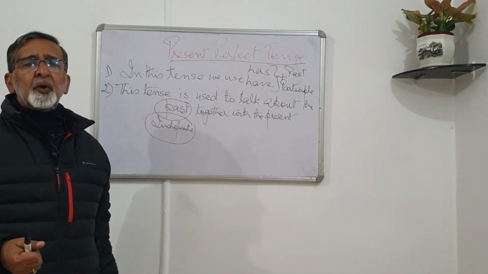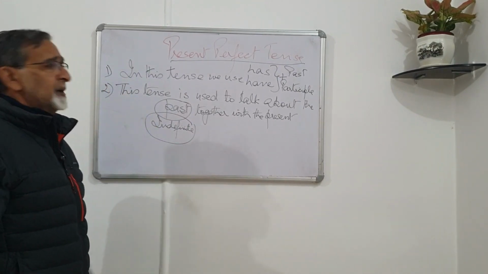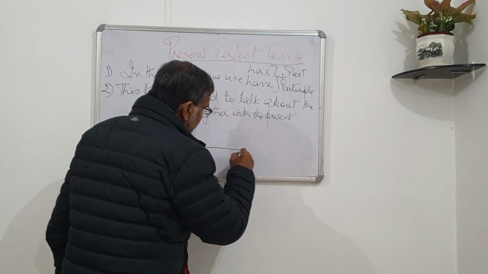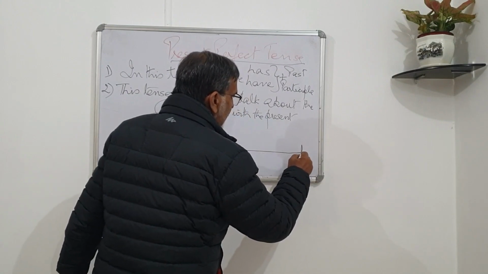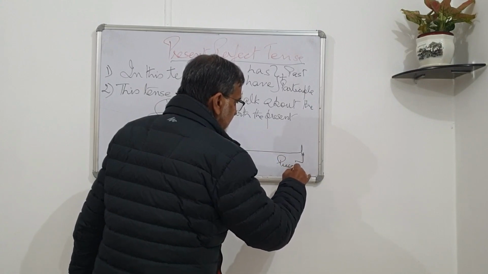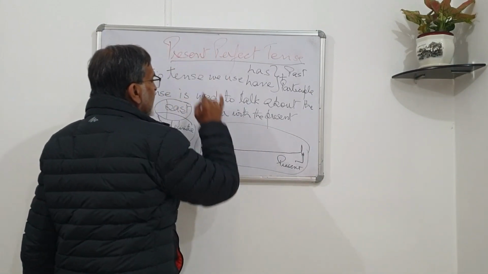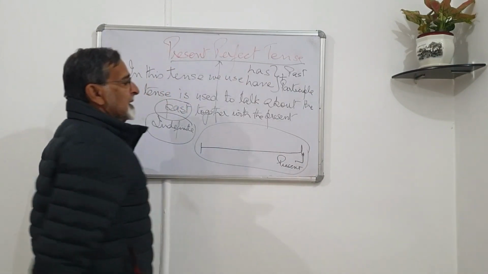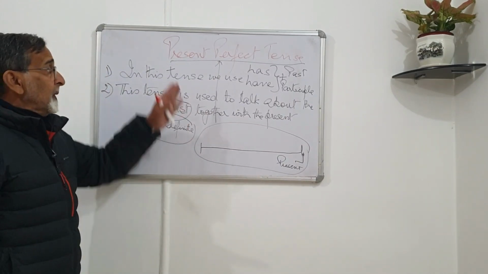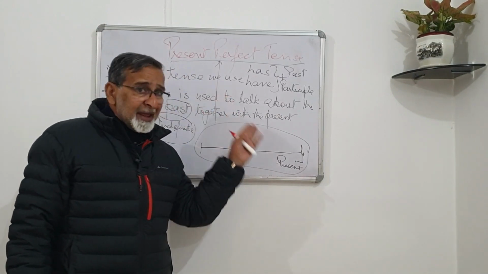Ever since the dinosaurs roamed the earth, or when planet Earth came into being, you can talk about any time. But see here, this past is all this, and this little bit is the present. To talk about this whole thing, we use the present perfect tense. This needs to be very, very clear. We use this tense to talk about the past together with the present.